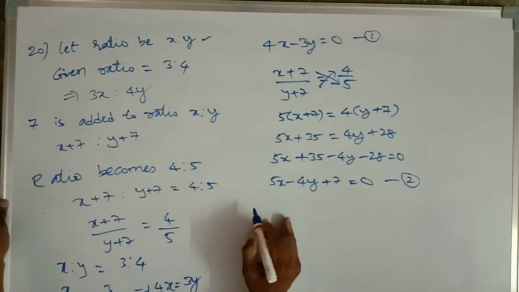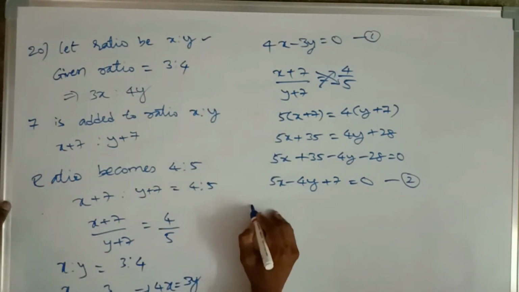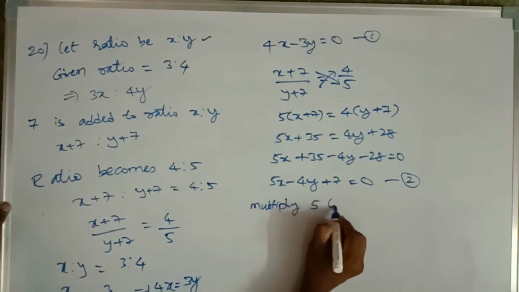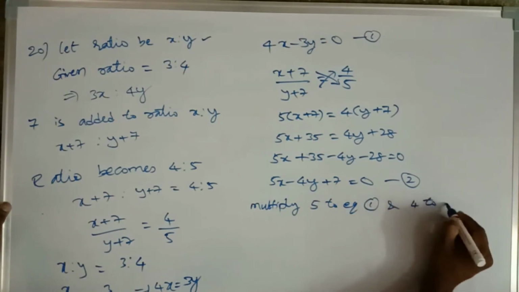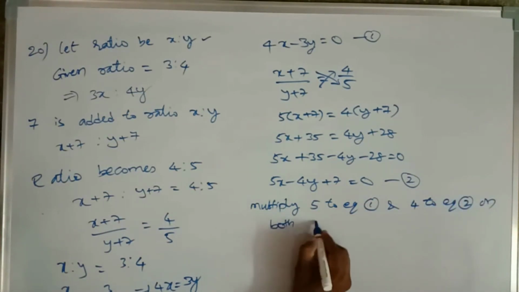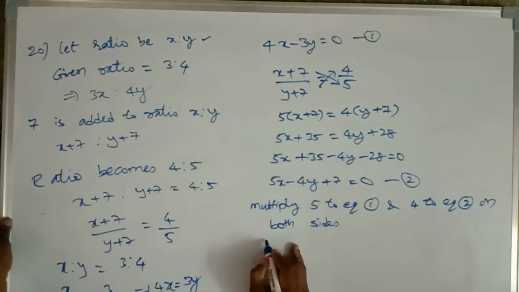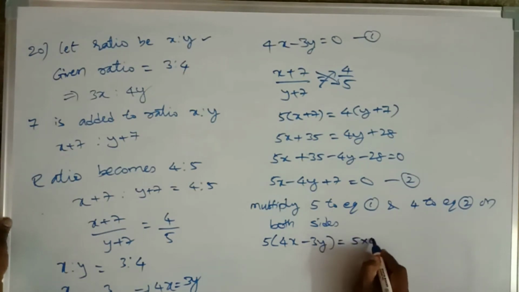Okay. Now see, the x term is 5 here whereas the x term is 4 there. So I am going to multiply 5 to equation 1 and 4 to equation 2 on both sides. Then if I am multiplying 5 on both sides and 4 on both sides, the value won't change. So the first equation I am multiplying, that is 5 into 4x minus 3y is equal to 5 into 0.